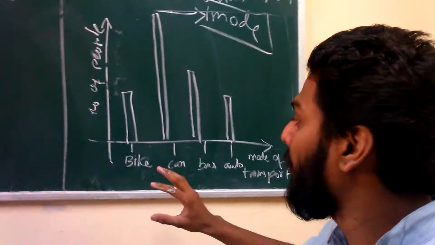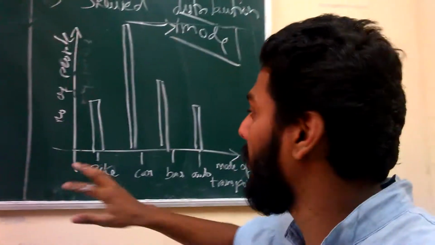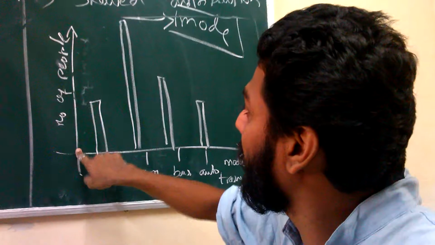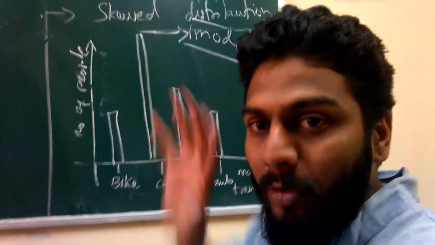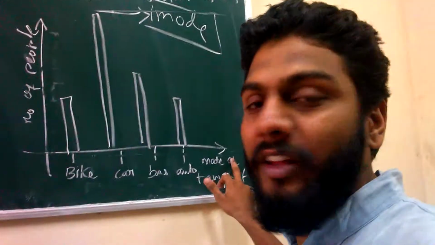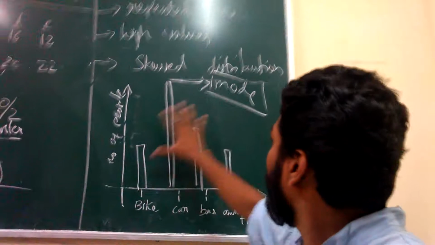So how does mode work? This graph will explain it to you. It is the most frequent value basically. On this graph, on the x-axis we have the number of people. On the y-axis we have the mode of transport that these people have chosen, right? In a city like Bangalore, let's say this is what the graph looks like.